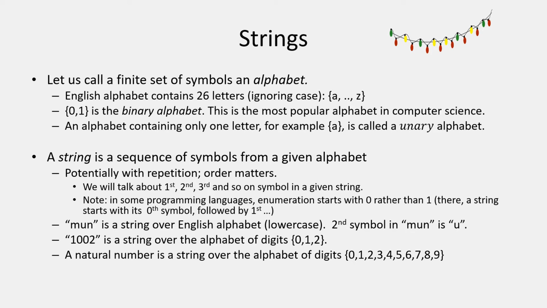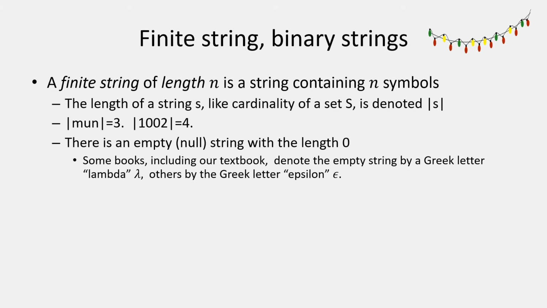And here the second symbol is a 0 and the third symbol is also a 0, no problem. And in general, if you want to think of a natural situation where you see a string, every natural number would be a string over the alphabet of digits. Well, usually you wouldn't start a natural number with a 0, but other than that, it's just a string over the alphabet of digits.